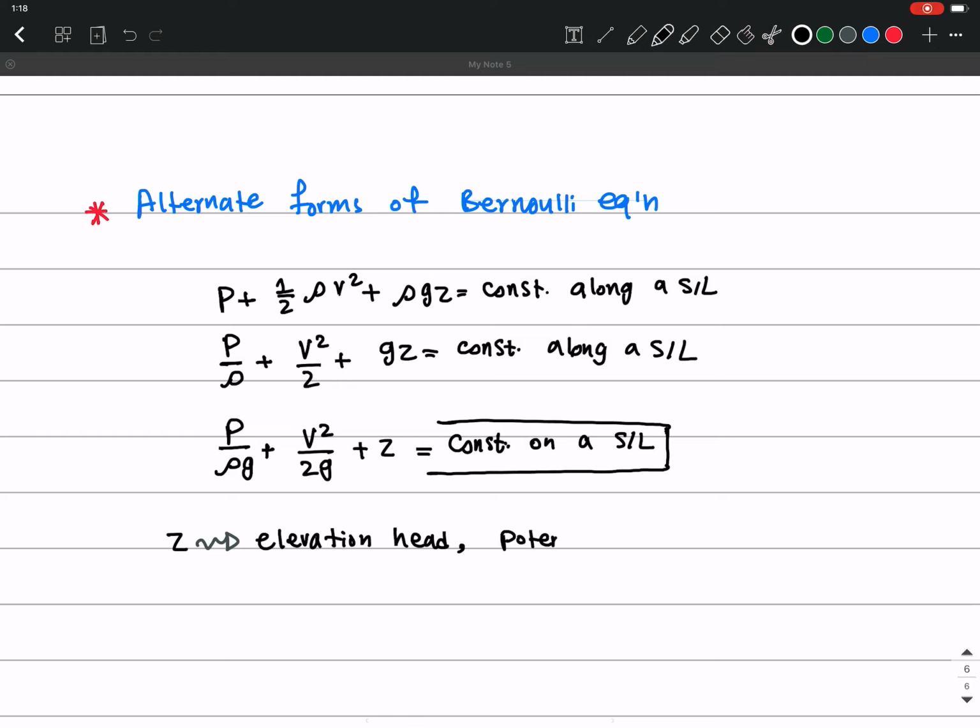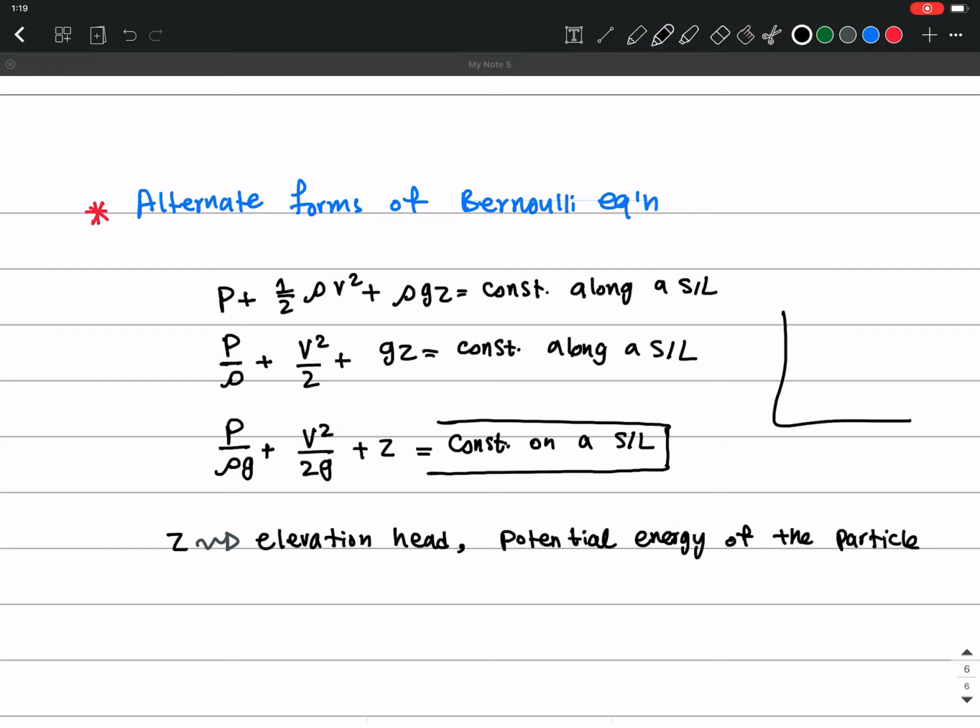If you look at it from the energy point of view, and we are going to derive this Bernoulli equation again later using the energy principles, this represents the potential energy of the particle, right? So for example, this is the elevation.